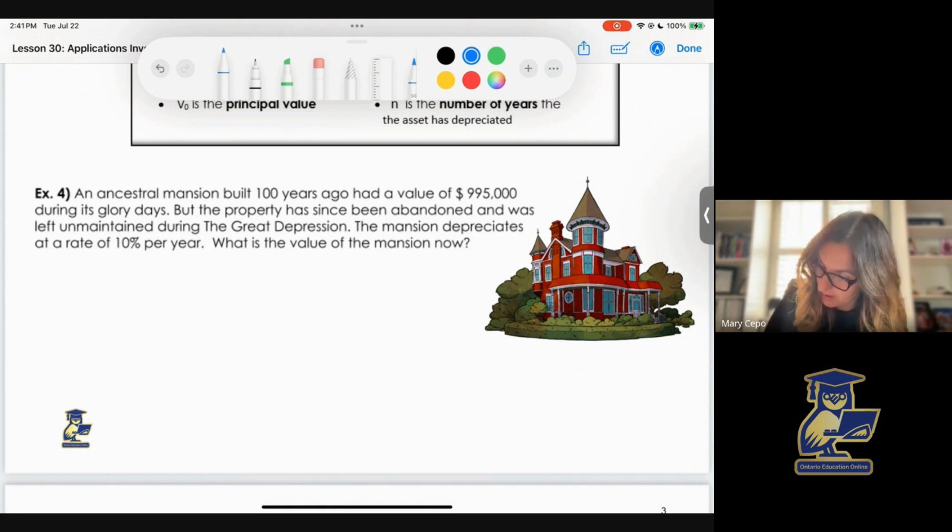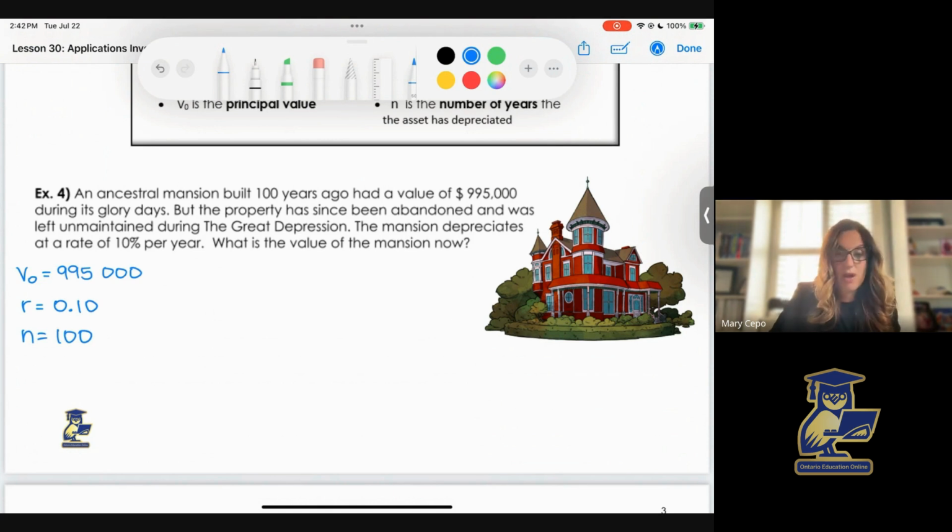Okay, so we already have the initial value, which is 995,000. We know it depreciates at a rate of 10%, so 10% divided by 100, which is 0.10. And we want to observe how much it is now, after 100 years have passed.